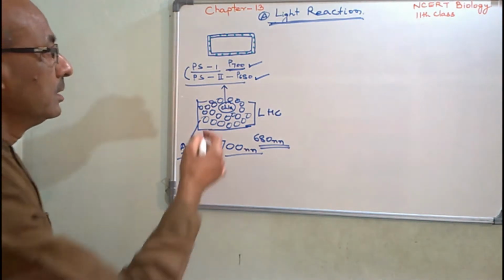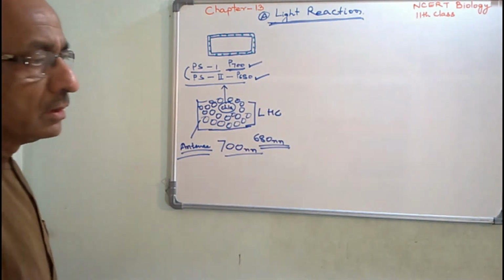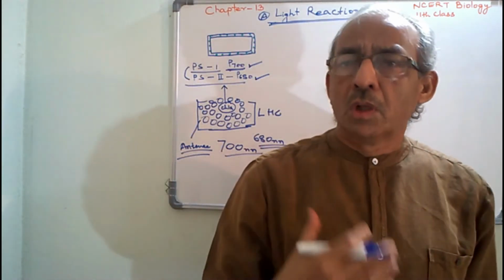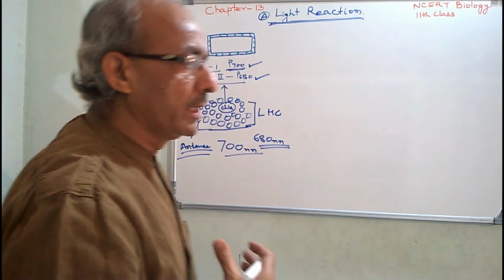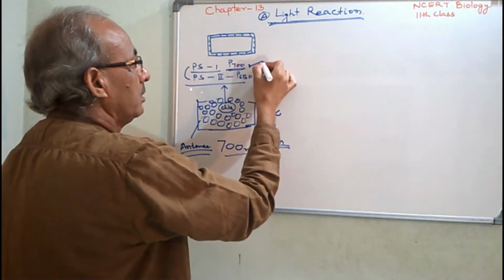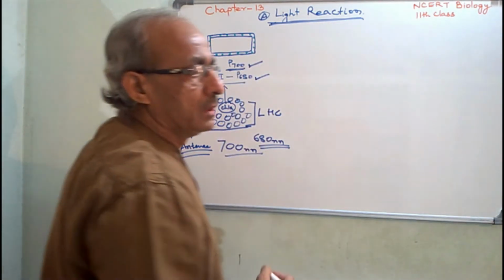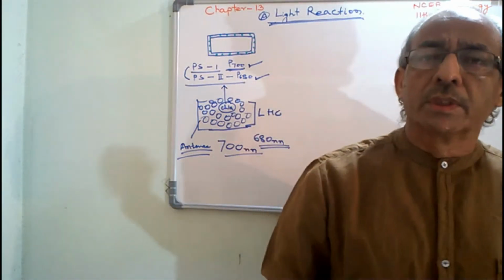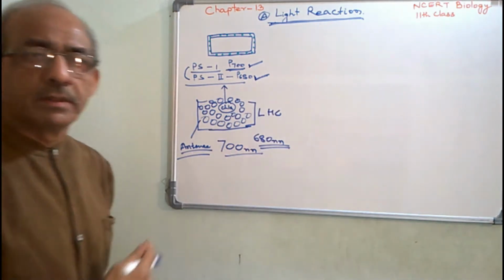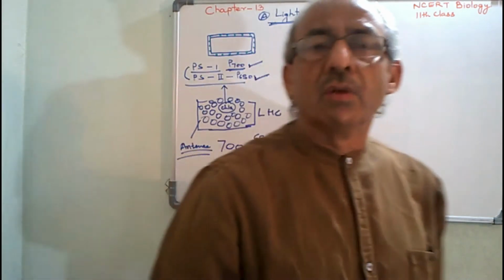That means on the membrane of thylakoid, the reaction center chlorophyll A is able to absorb the red light of 700 nanometer wavelength as well as the red light of 680 nanometer wavelength.